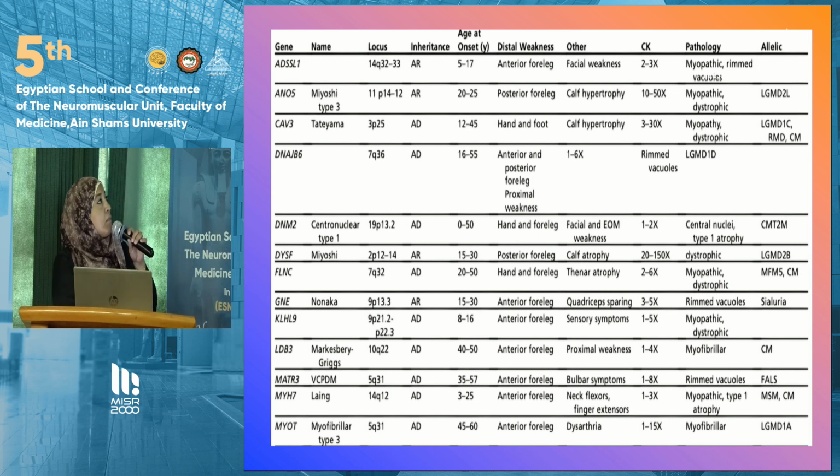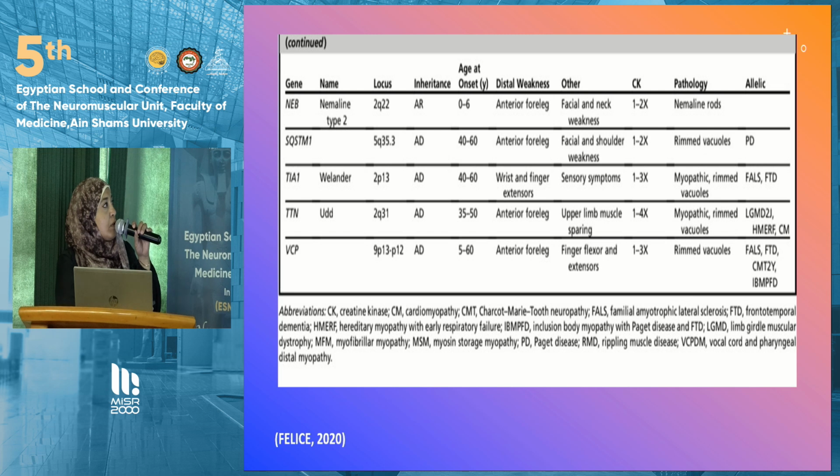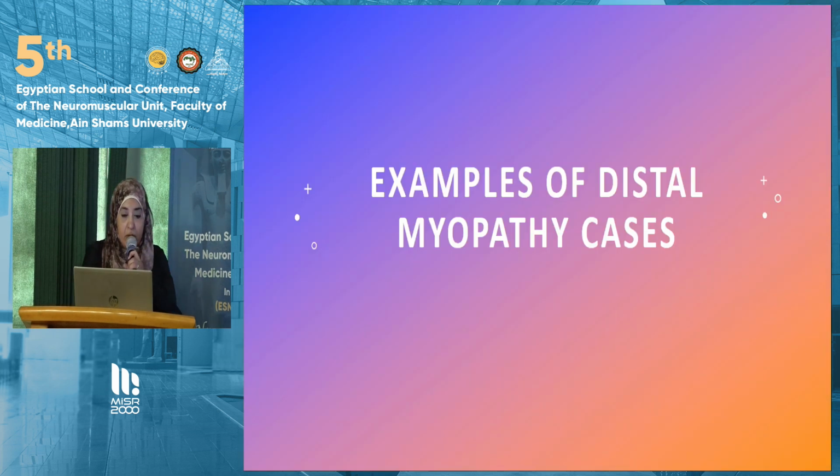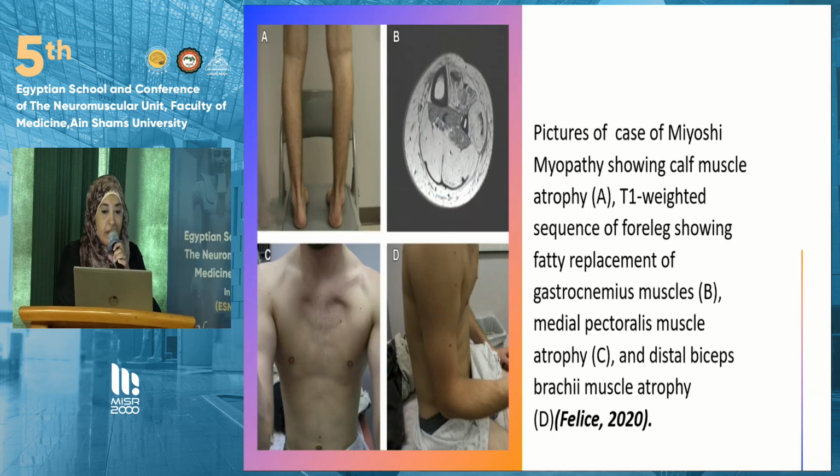Here are the genes: many types of genes like the NO5, caveolin 3, desminopathy, dysferlin, Miyoshi myopathy, Gowers myopathy, Nonaka type, Laing myopathy, myofibrillar type 3, and of course the titinopathies, nebulinopathies. Examples of distal myopathy cases.